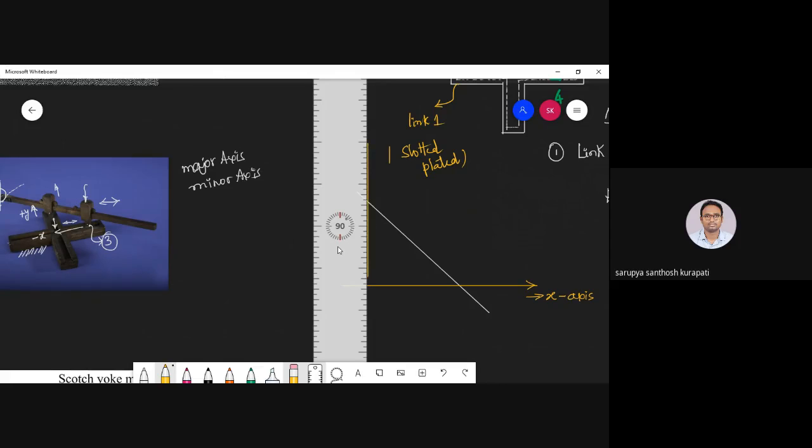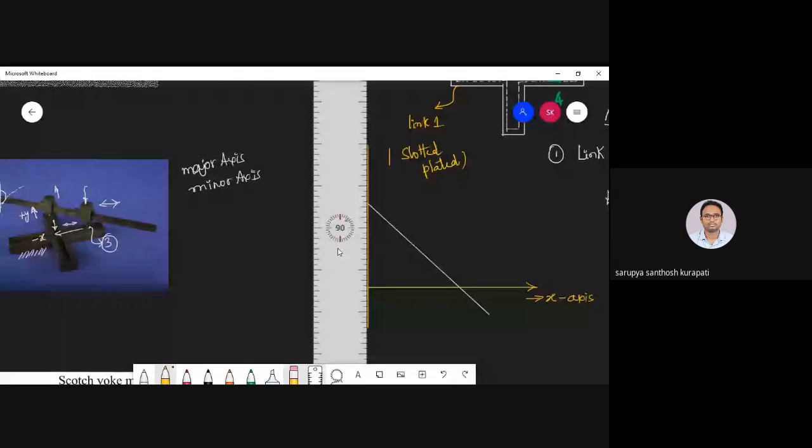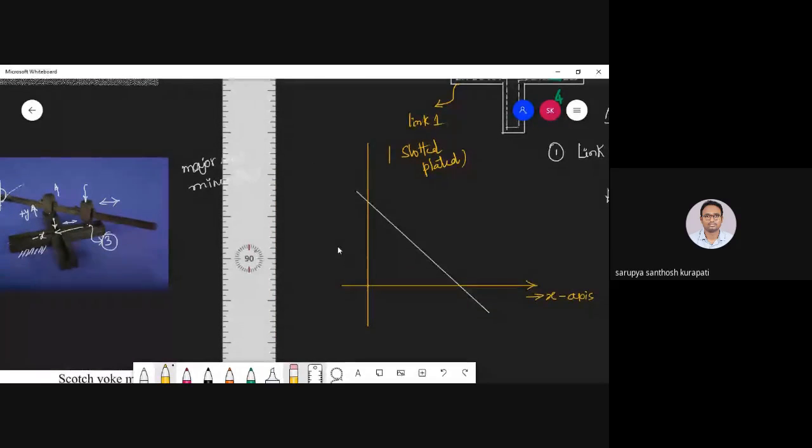So this is my y-axis. This is x, this is y, and this is the origin. I've drawn the same orientation of this particular slotted bar now, with my x-axis and y-axis, and I've plotted it here.